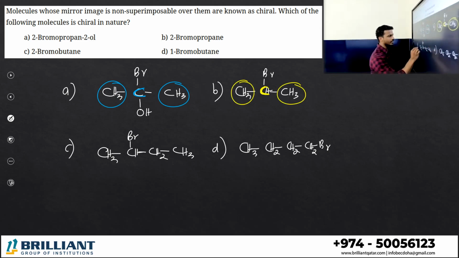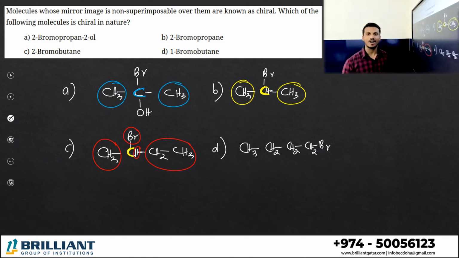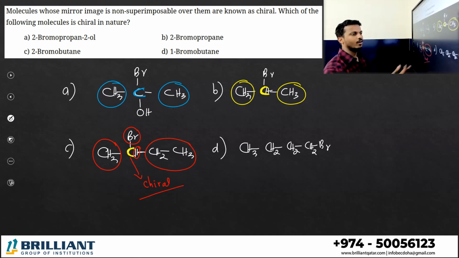No. If you consider this carbon atom, it is connected to 1 bromine atom, 1 methyl group, 1 ethyl group, and 1 hydrogen. Yes, all are different groups. Therefore, this carbon is said to be chiral. And in option D, all carbons are achiral. So option C is the answer. 2-bromobutane is the correct answer.